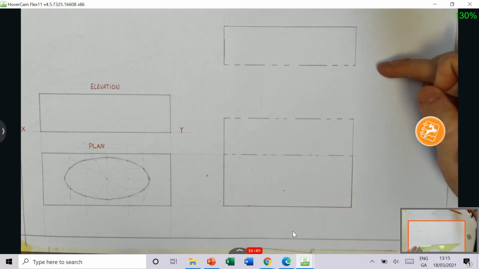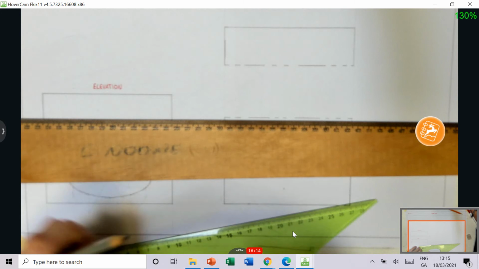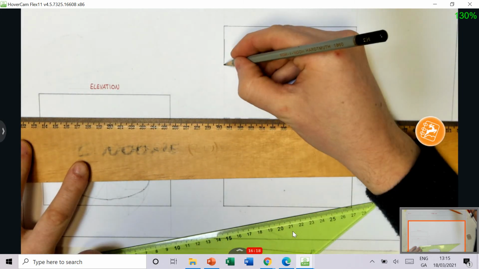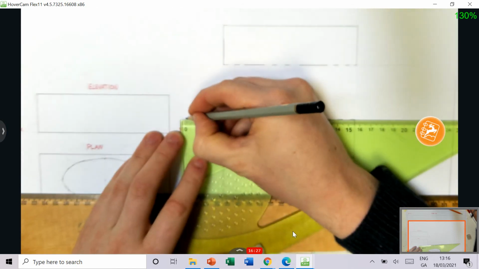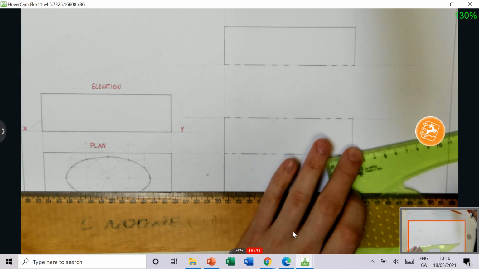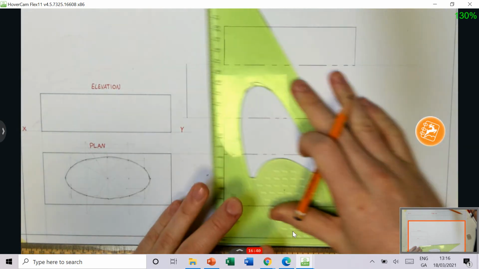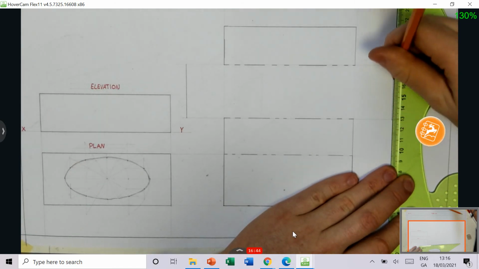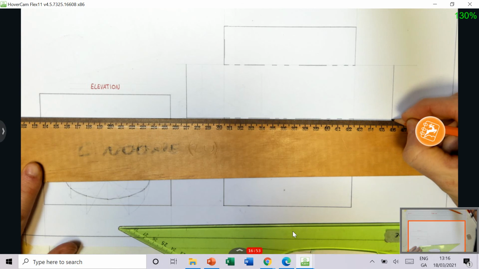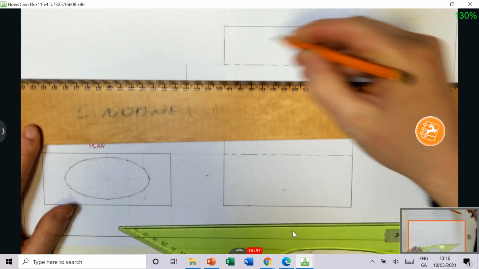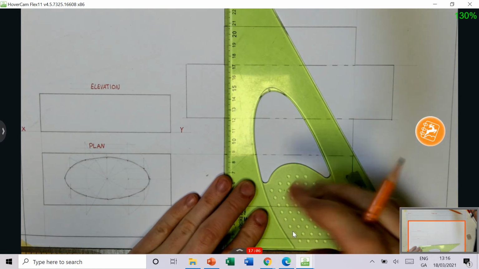If there was an end view, I'm going to measure out 35 mil and draw in a shape here, and 35 mil and draw in another rectangle here as well. And just put in 2 fold lines there as well.